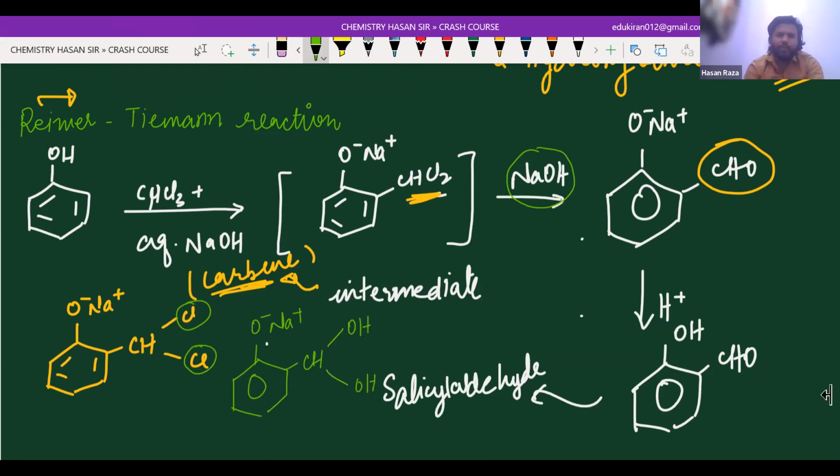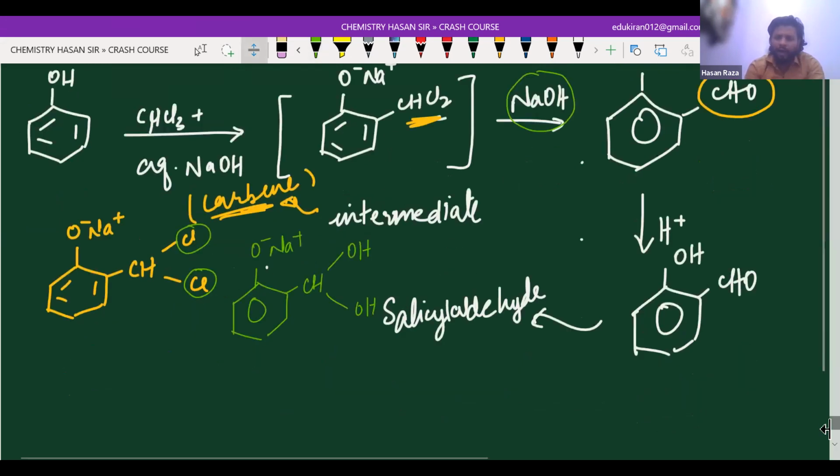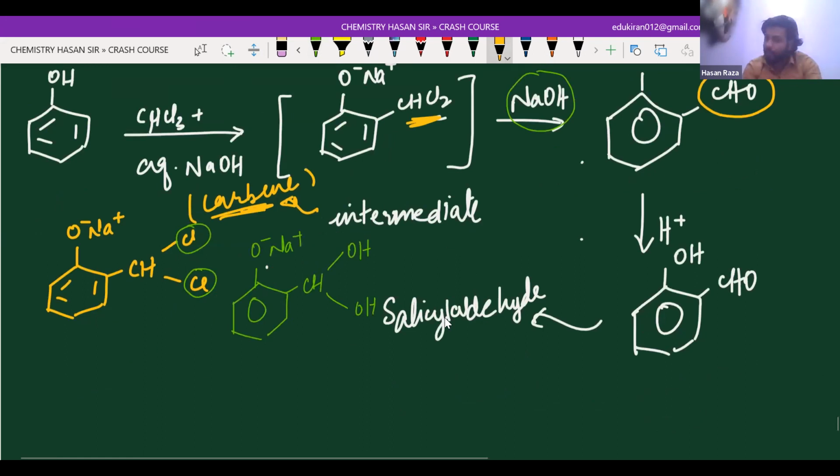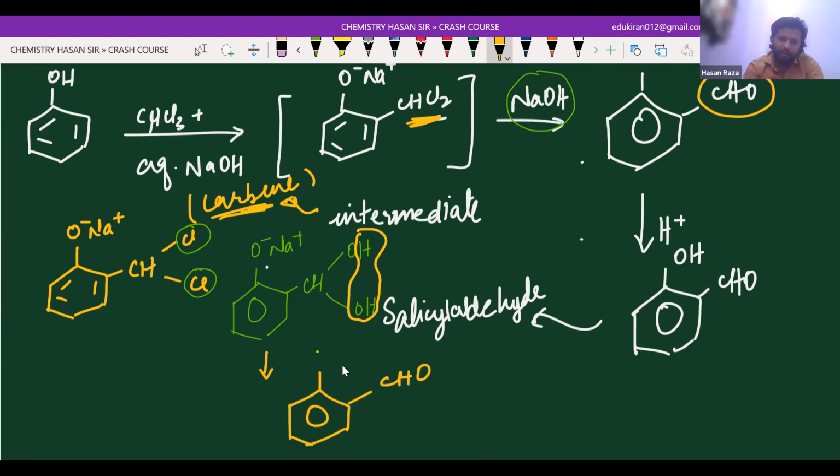Always remember, whenever there is more than one hydroxyl or OH group on a single carbon, it is unstable. So we have to eliminate H2O from here to get this CHO aldehyde. After this, you treat this with H plus, then this will be directly converted into OH. So this is how you will get salicylaldehyde. The most important point is this: the carbene is the intermediate.